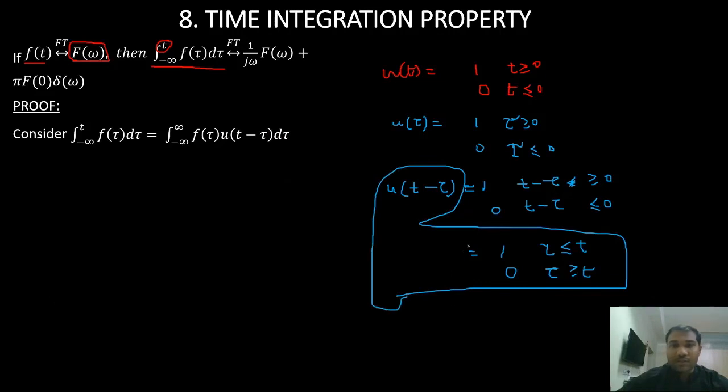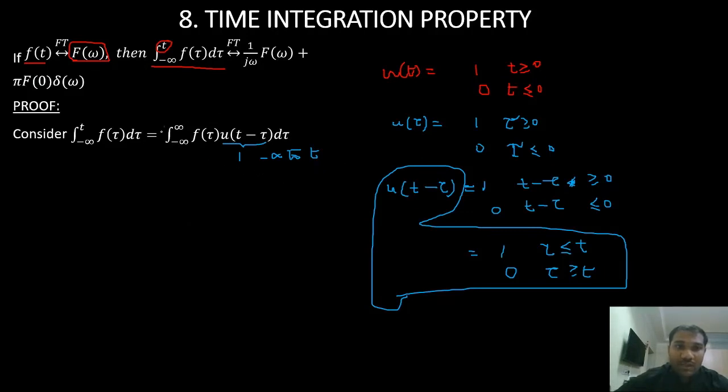If I substitute these values of u of t minus tau here, what will I get? u of t minus tau is 1 only in the range of tau less than t, that means from minus infinity to t, and in all other ranges it is going to be 0.